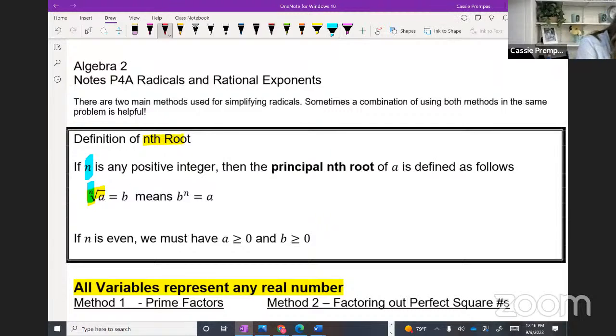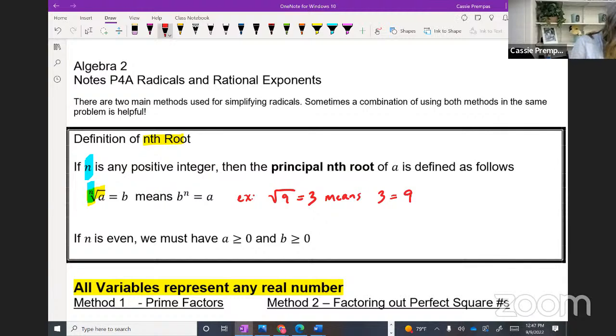Now, I really like to add an actual example that you've seen before to bring meaning to this. So here's an example. Let's say that we have the square root of 9 equals 3. According to the definition, this means, notice a is represented as 9, b is represented as 3. This means that 3 raised to the nth power is going to equal 9.